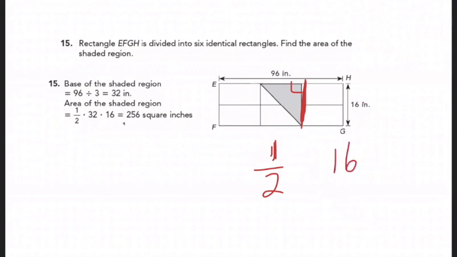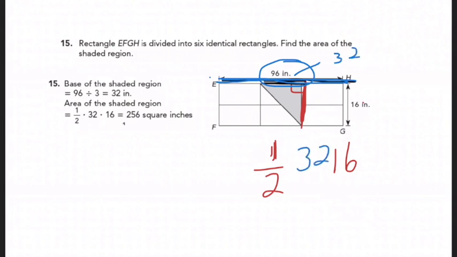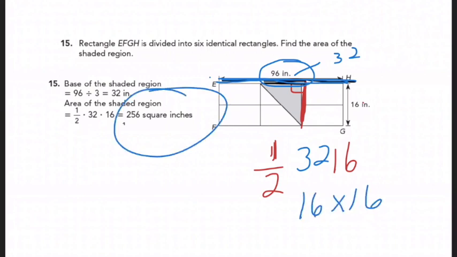If this is the base, I'm going to draw in black. If you notice right here, let me make that blue, there's 3 sections. This is one of the 3 sections. The whole thing is 96. If I divide by 3, that means this base is 32. So if you do the math, 1/2 of 32 is 16. 16 times 16 is going to be 256 square inches.